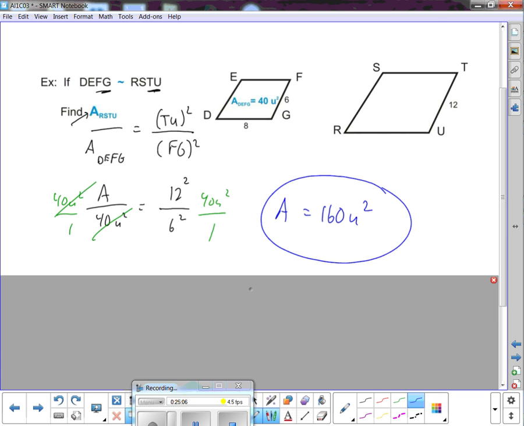Andrew? Remember, it's only the units. This is 40 units squared, not 40 squared units squared. Okay? Any other questions on that one?